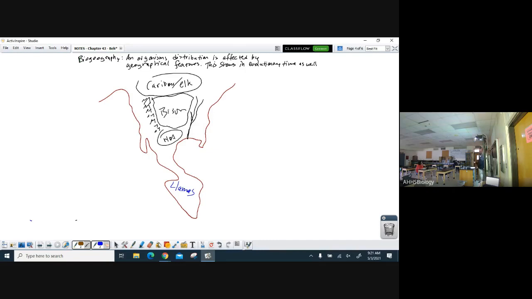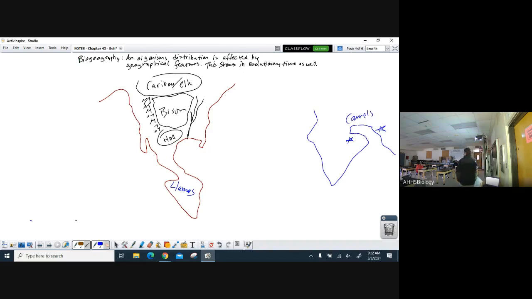Not that long. That's still a llama. Longer neck than that, and larger than that. They're all the way over here. They're over here, and they're over here. Camels.